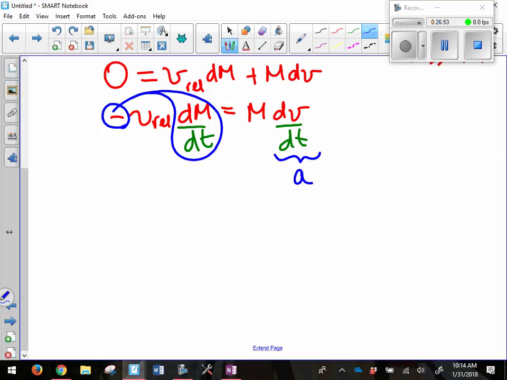Look at your notes. R was the first thing. So R is negative dm dt. That's what rate of fuel consumption means: how the mass changes with respect to time.